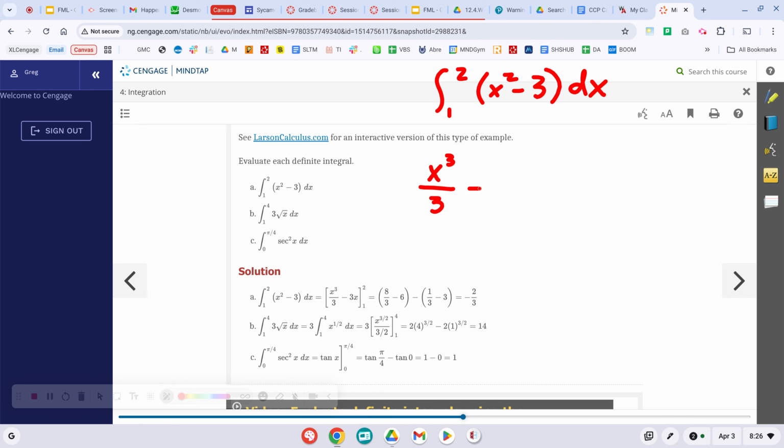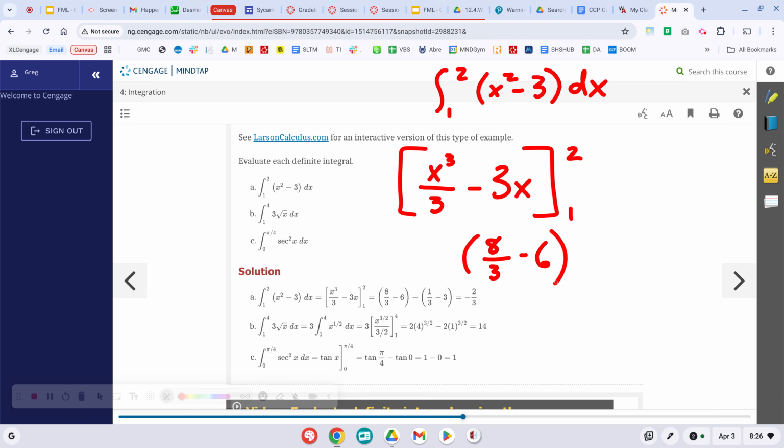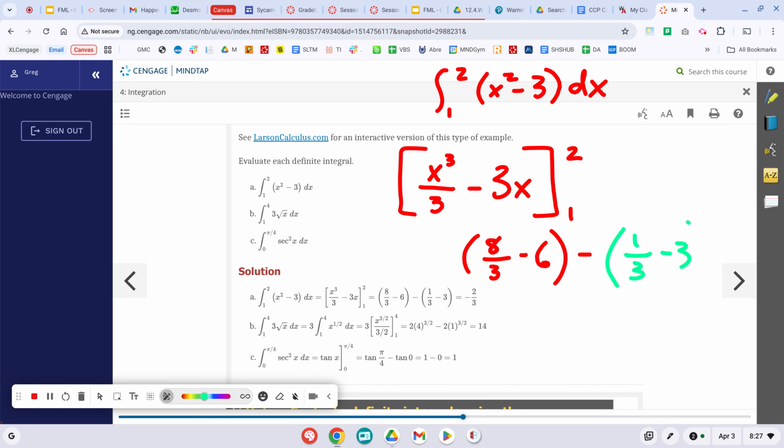What function gives you a derivative of 3? Well, that's 3x to the first over 1. And we are evaluating that from 1 to 2. So how do we do that? We put in a 2. That's 2 cubed is 8. 2 times 3 is 6. And then we put in a 1. 1 cubed is 1. 1 times 3.